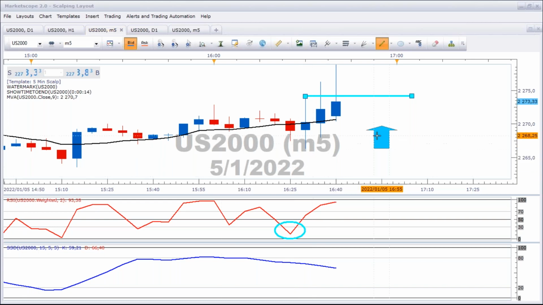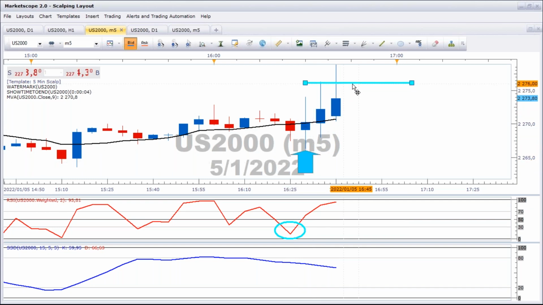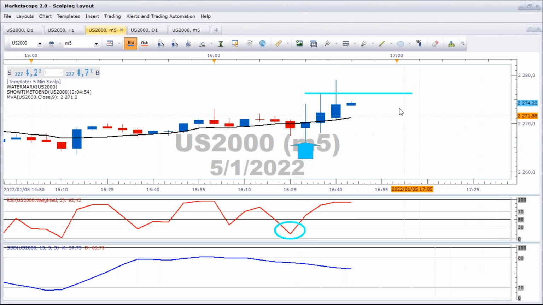We've got condition 1 here, the lowest low. Condition 2 here is price taking out the reference candle's high. But without condition 3, we've got nothing. And condition 3 is a close above the reference candle's high.